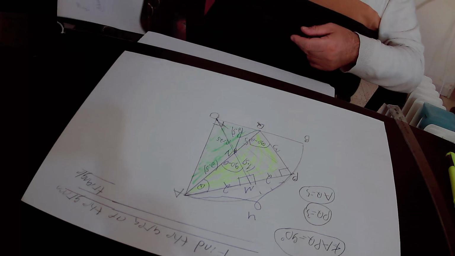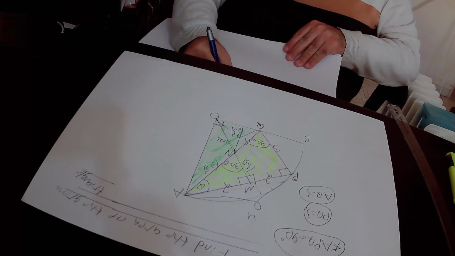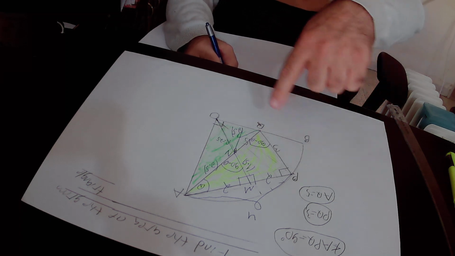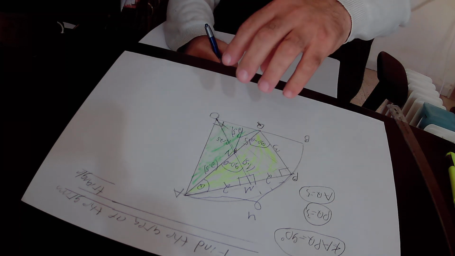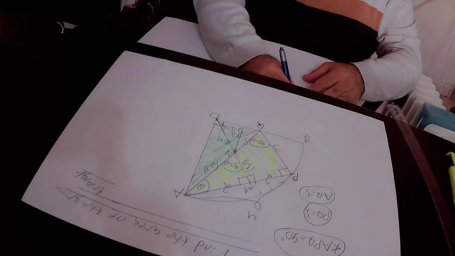In the next step, I will copy the right triangle AMO in a new page, and we will implement on this right triangle the Pythagoras theorem.